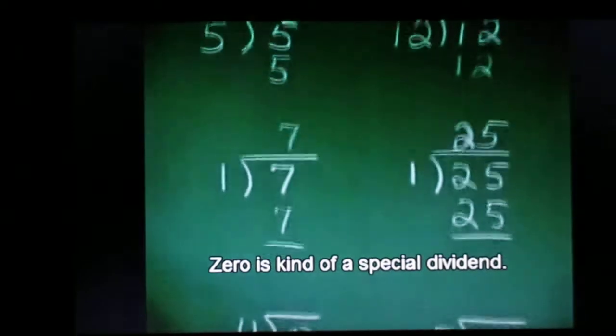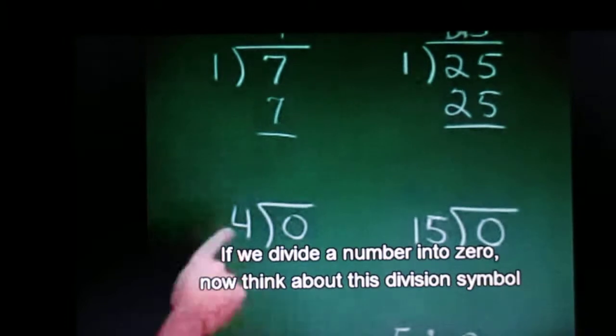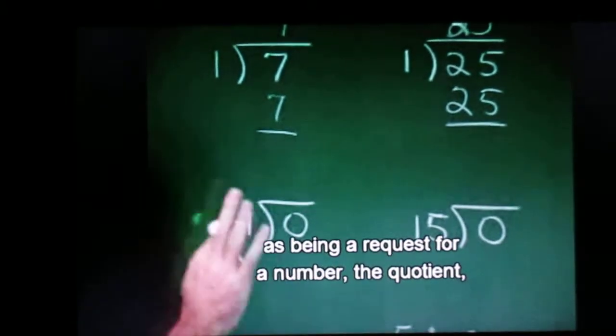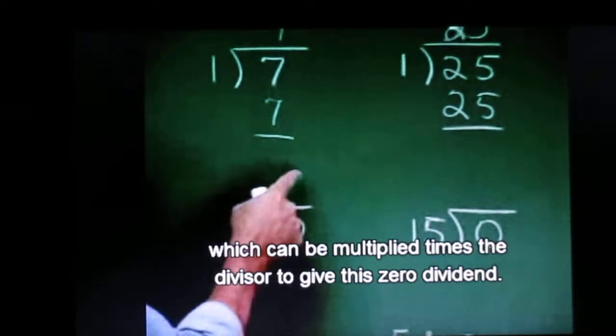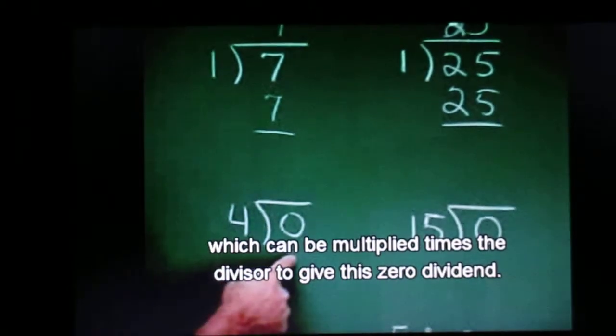0 is a special dividend. If we divide a number into 0, think about this division symbol as being a request for a number, the quotient, which can be multiplied times the divisor to give this 0 dividend.